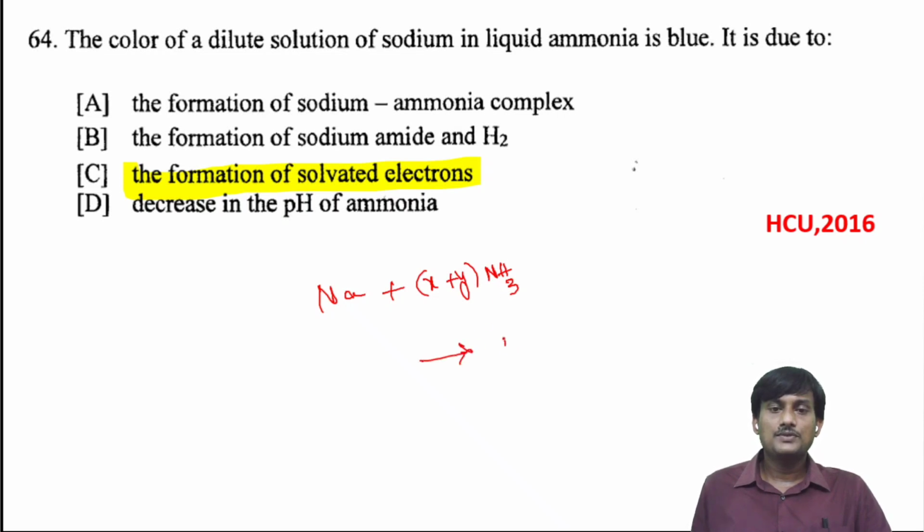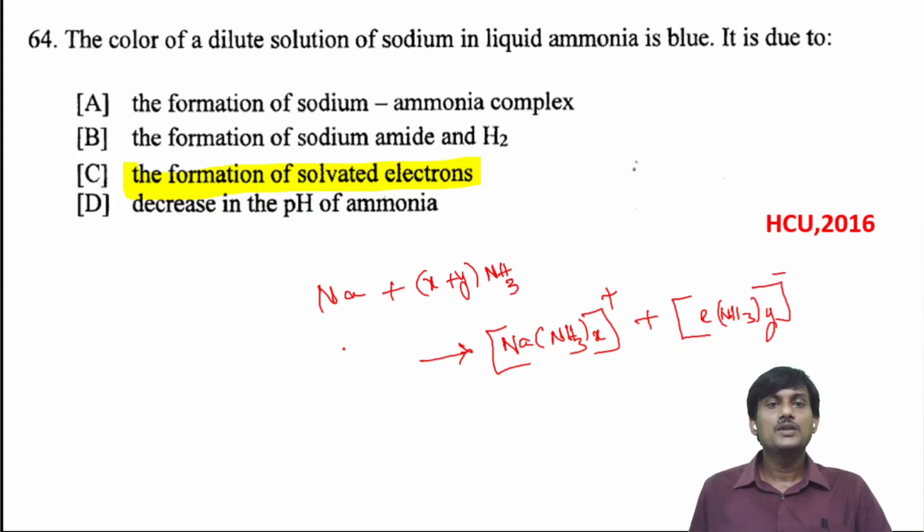There is a formation of [Na(NH3)x]+ and also a formation of an ammoniated electron, [e(NH3)y]-. Due to the ammoniated electron, the color of sodium in liquid ammonia will be blue. So what is the reason? There is a formation of ammoniated or solvated electrons.